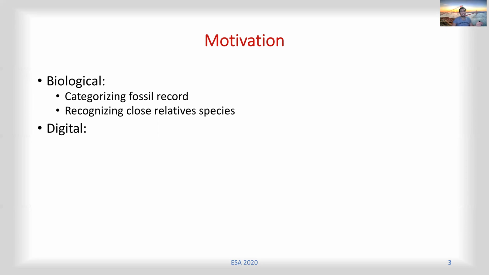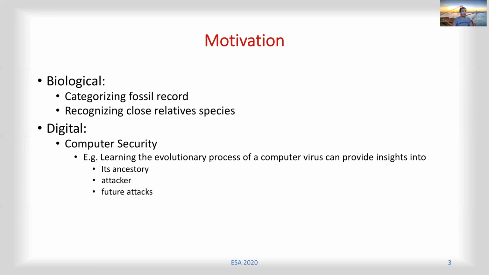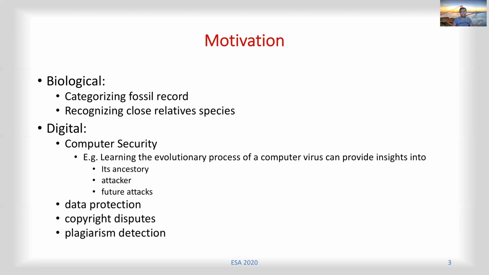On the other hand, studying the way that digital objects have been edited or transformed through the passage of time can be useful in computer security, data protection, copyright disputes, and plagiarism detection.